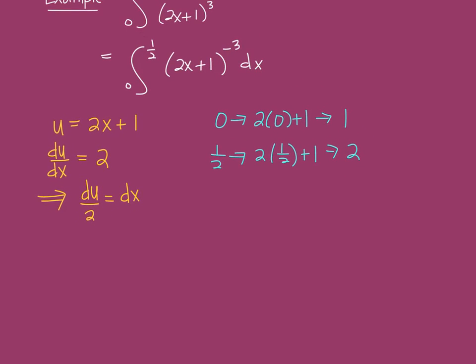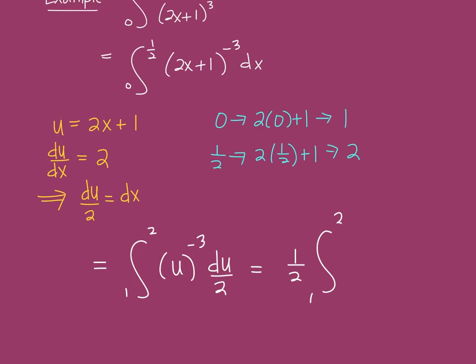All right, so now I'm going to say equals to show that I'm continuing my original problem. So my bounds are now 1 to 2. My parentheses now have a u on the inside. And my dx is replaced with du over 2, which means I can pull the constant of 1/2 out of my integral.